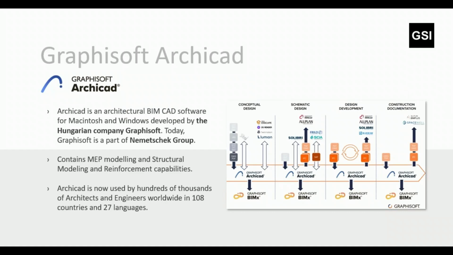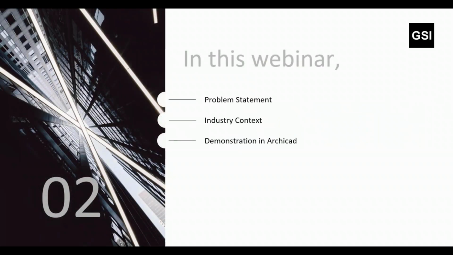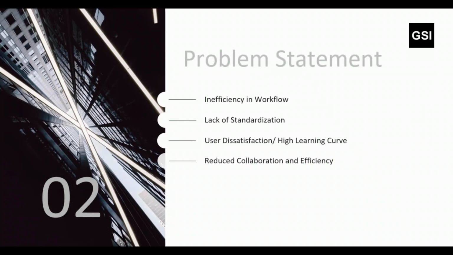So without further ado, for this particular webinar, we will be discussing the problem statement first, and then the industry context, and then we will have the demonstration in Archicad regarding the template creation. So as the title mentions, the success in an organization can be automated or can be achieved through standardization.